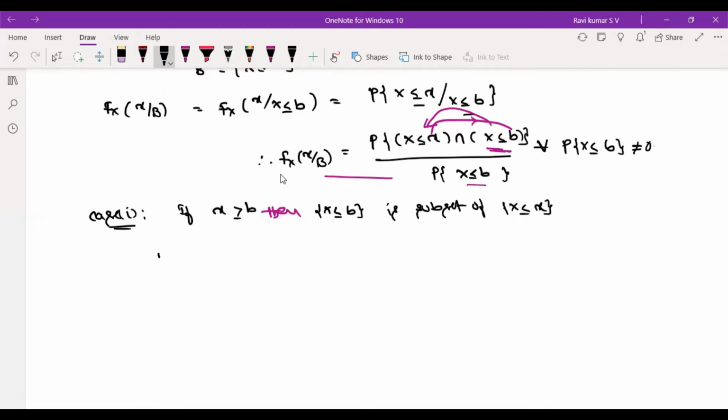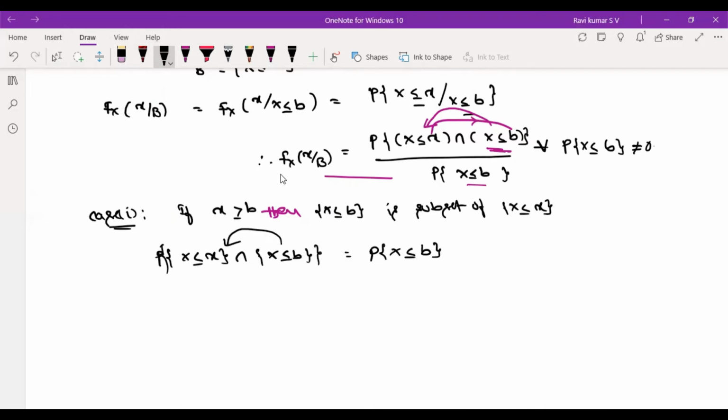So then the probability of X less than or equal to x intersection X less than or equal to b is equal to, by default, X less than or equal to b only, because this is a subset of the other one.